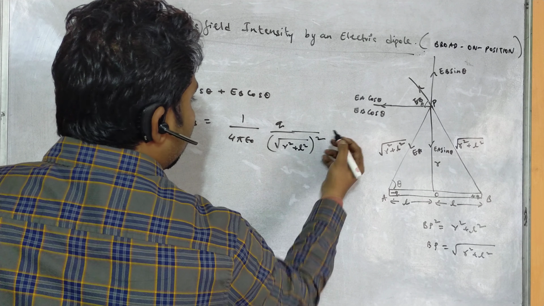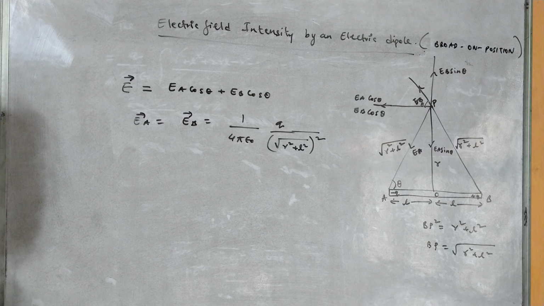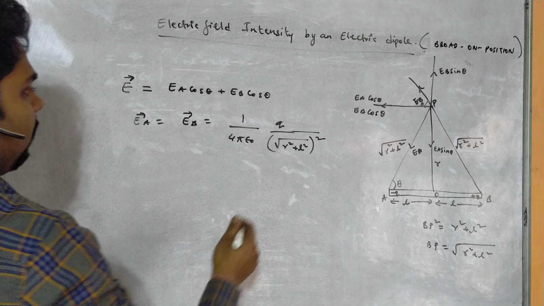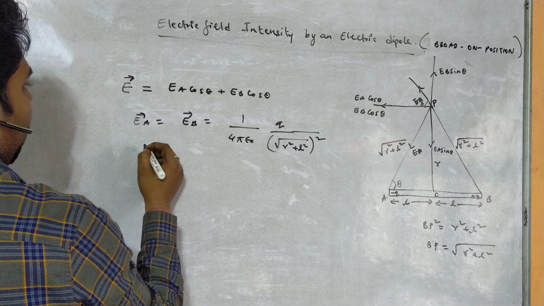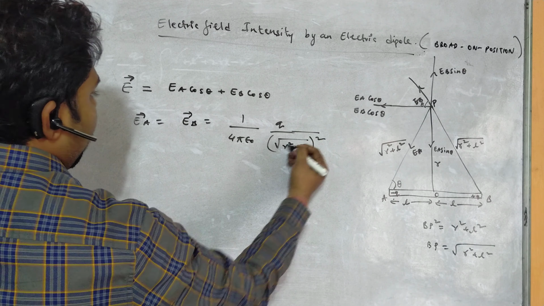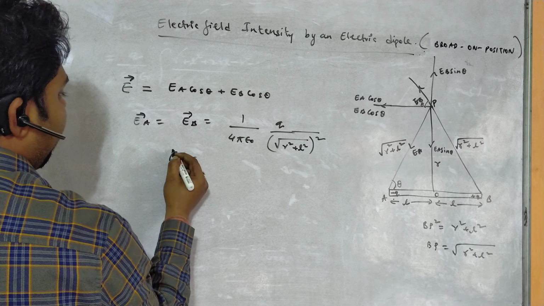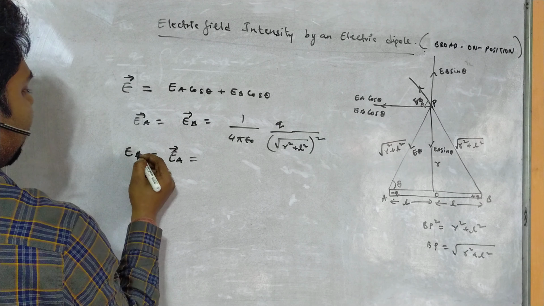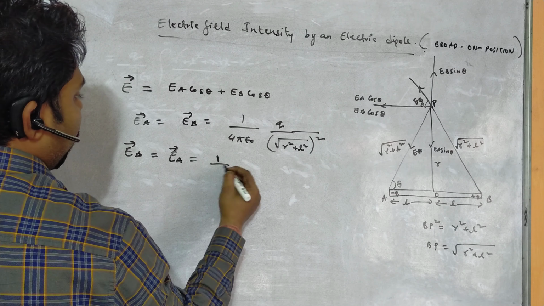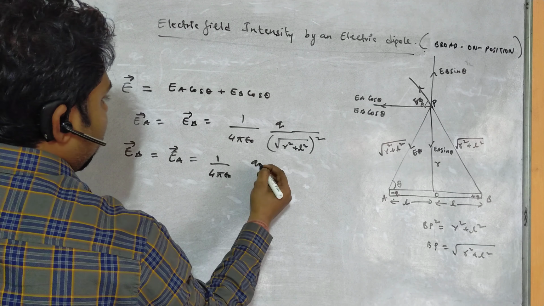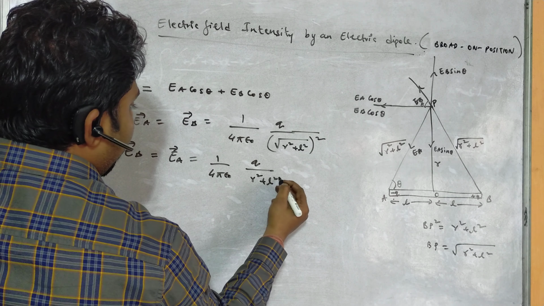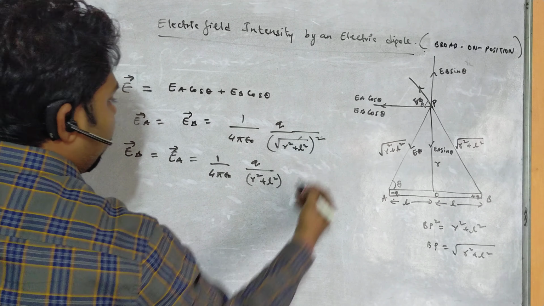So this is the total distance. Now this square and square root will get cancelled, so EA or EB, both the magnitudes are the same here. So we will get 1 by 4 pi epsilon naught Q by R square plus L square, because square and square root got cancelled.